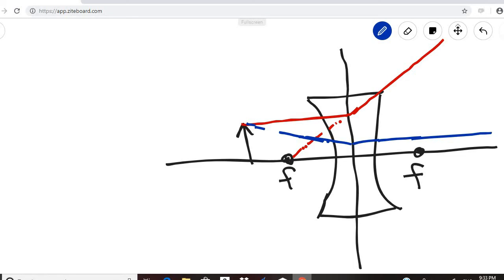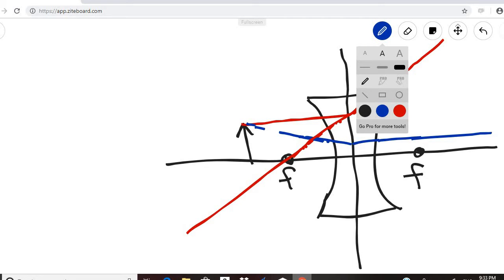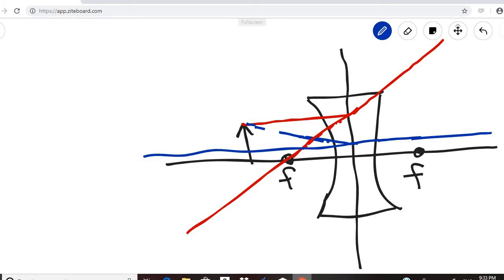Okay, so there's our two lines, and as you can see, they didn't intersect with each other. So what we have to do then is extrapolate the exiting lines. So this red one, this was the exit line, so we're going to extrapolate that out. And then the blue one, it exited horizontally, so we'll extrapolate that like that. And so those two are going to intersect with each other right there.